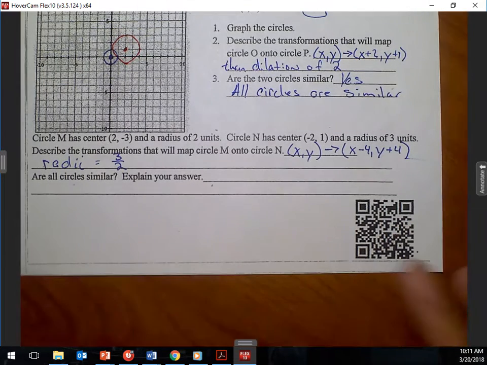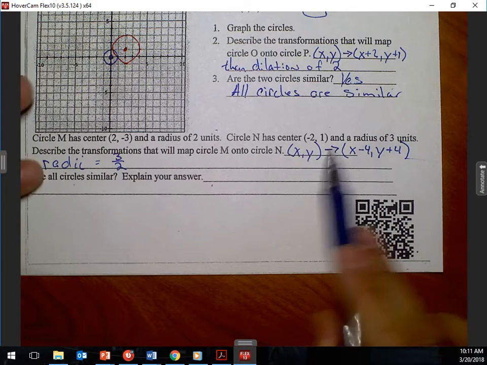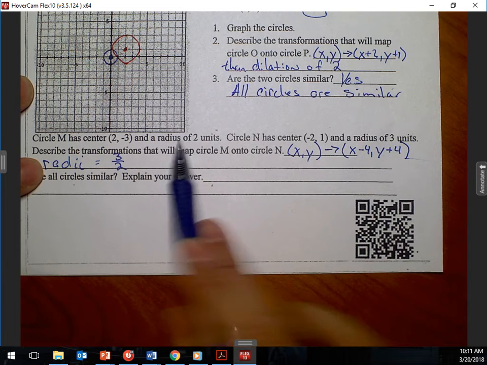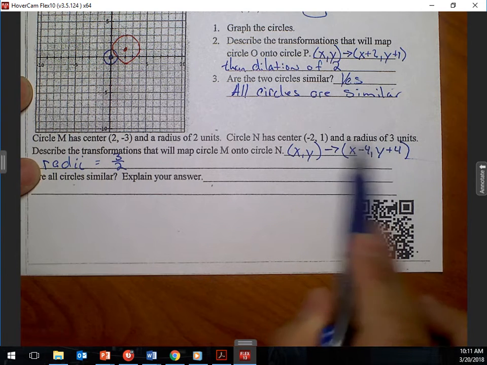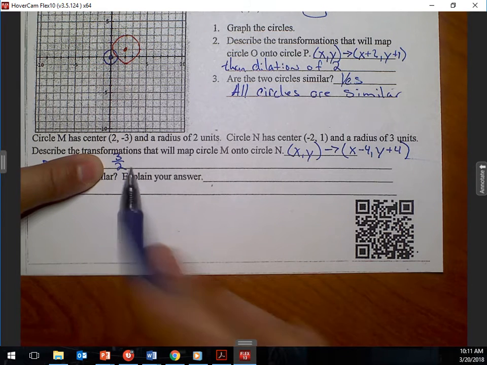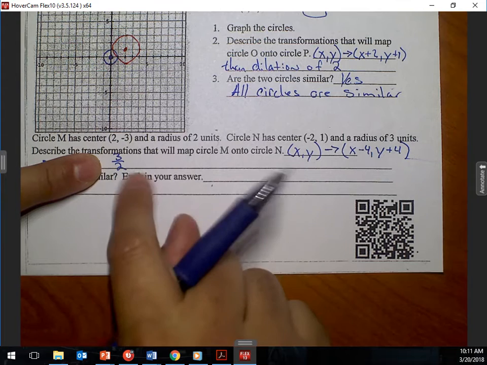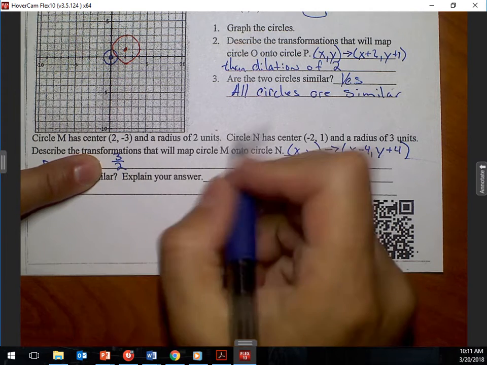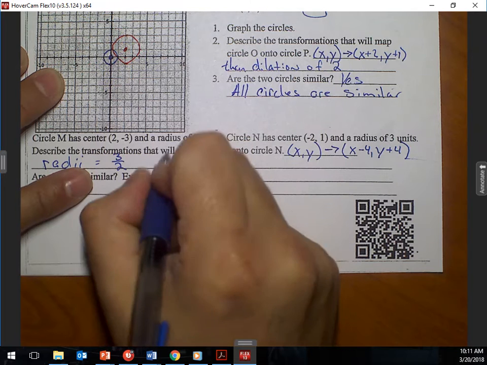On this problem down here on the bottom, did they give us a scale factor? No. They didn't give us a scale factor, but they gave me the values. So I could figure out the scale factor by taking my second one over my first one, 3 over 2. Does that reduce? No, that does not reduce. So what is my scale factor? 3 over 2.